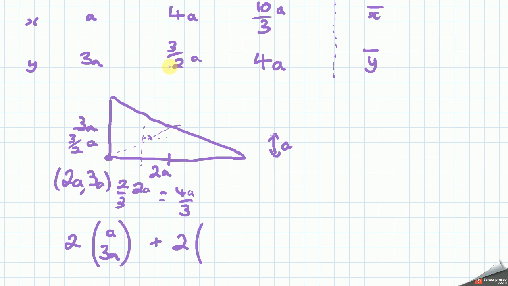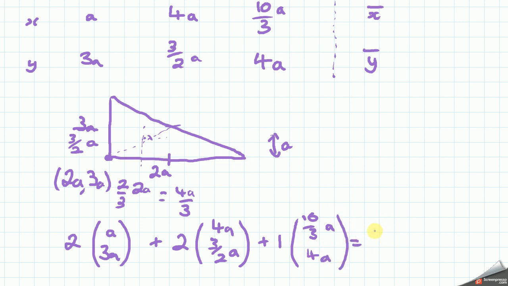So this was mass 2, 4A, and 3/2 A. And the last one was a single unit of a vector, 10/3 A and 4A. The final point was a total mass 5, centred at the point G, X bar, Y bar, the bars being averaged.